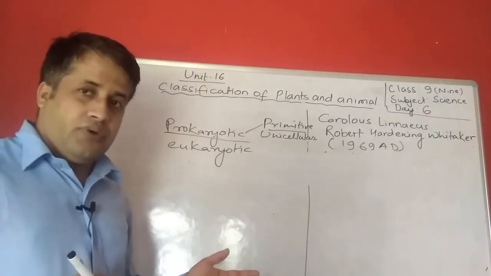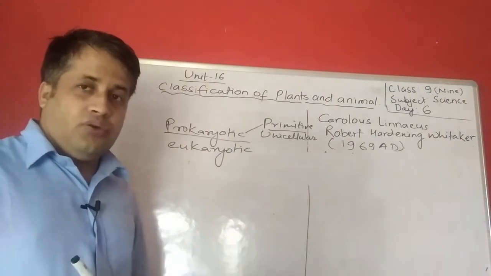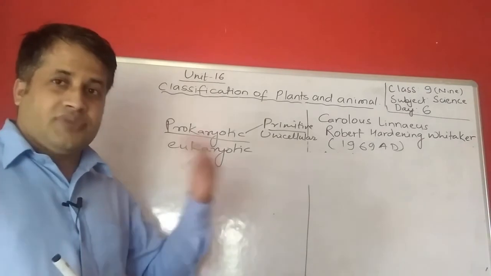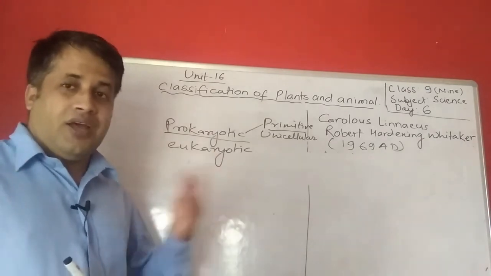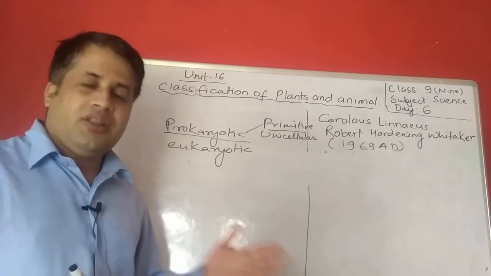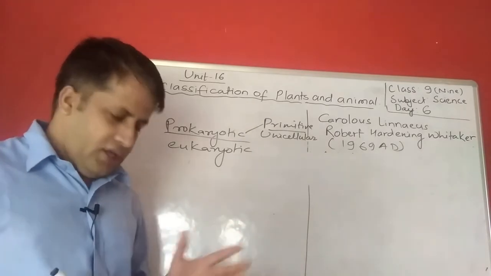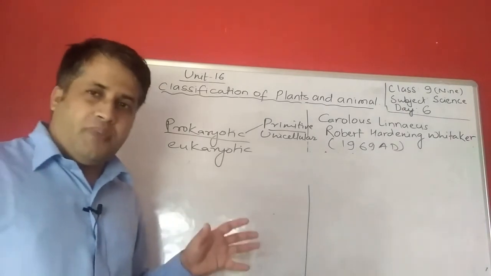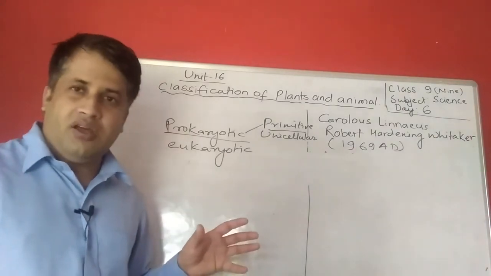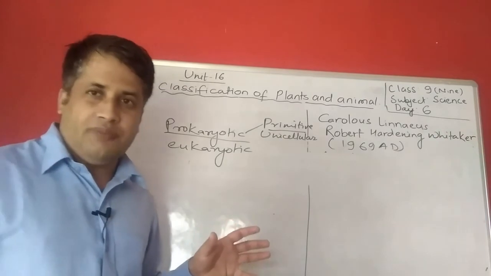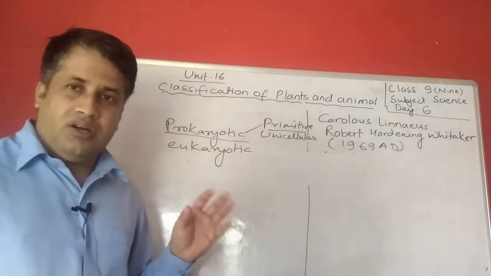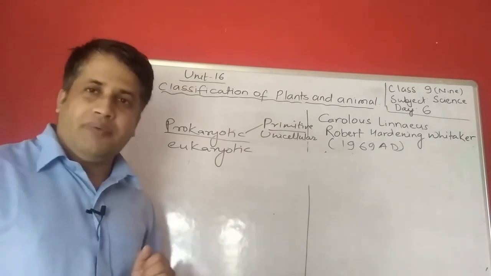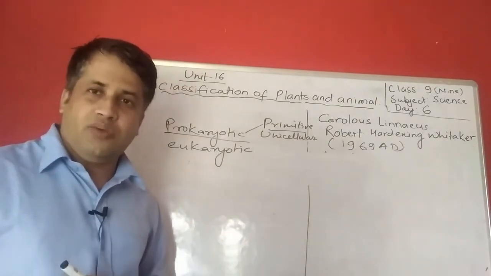Similarly, he classified whether the living organisms are unicellular or multicellular, and on that basis, whether they have a cell wall or not. That's why it is considered the correct method to classify living organisms. So in modern times, we take the Whittaker, R.S. Whittaker system, or five kingdom system, as the standard one.